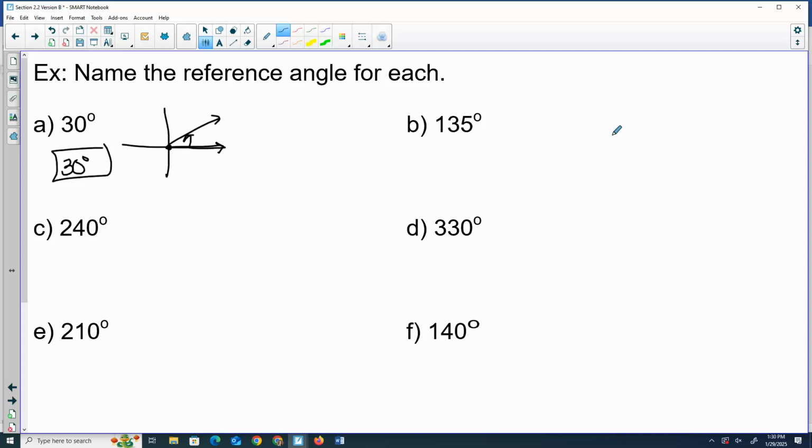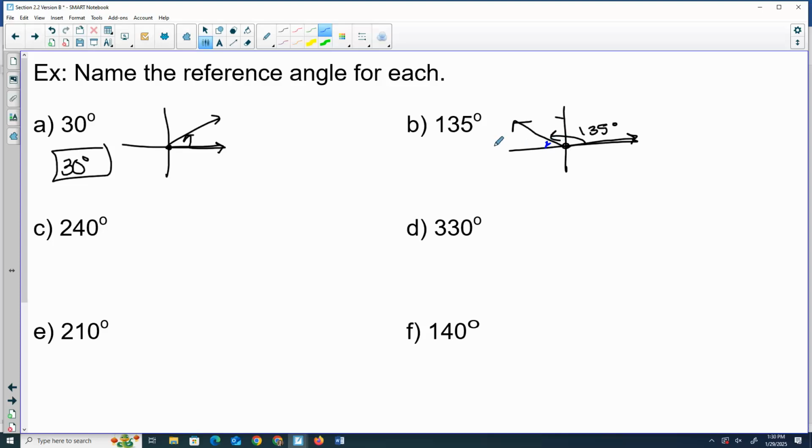But if I say 135 degrees, that means the distance from here to my terminal side is 135. So we know this is 90, so 135 would be a little bit past that. The reference angle is the distance to the x-axis. So it's this angle over here.